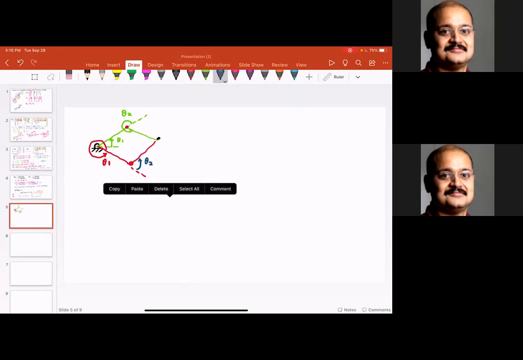So this will be theta 11, theta 12. This will be theta 21, this will be theta 22. So for some positions you will have two solutions.